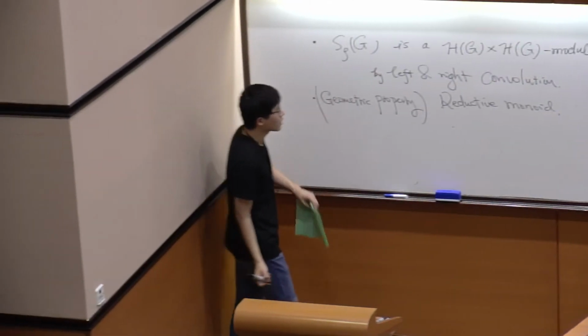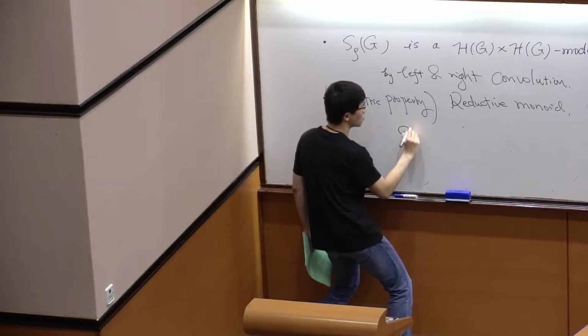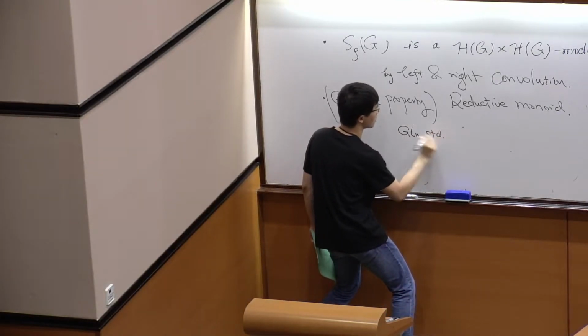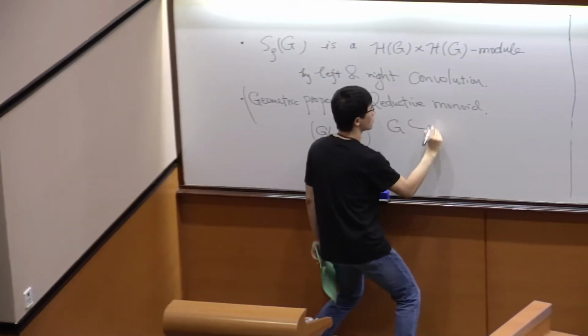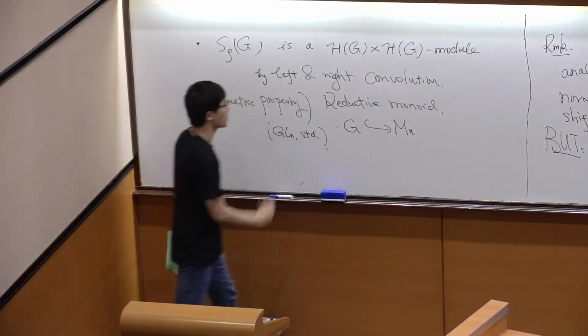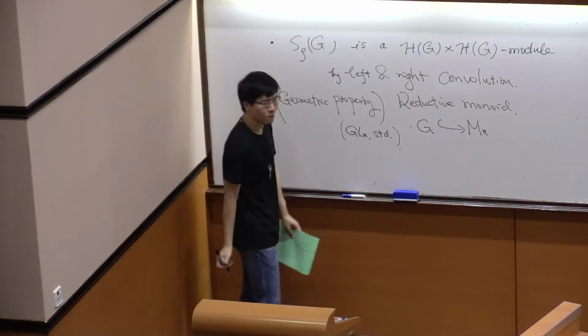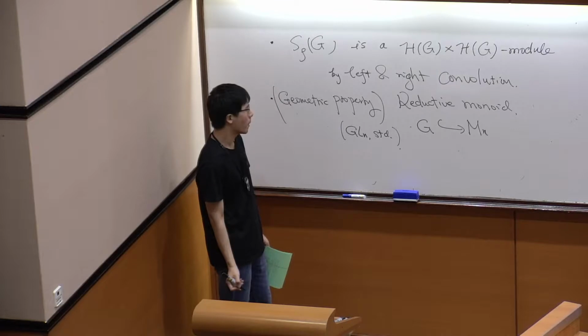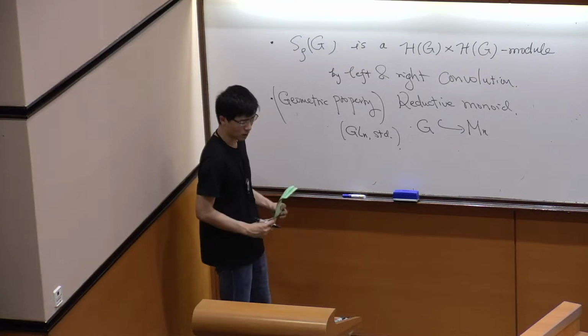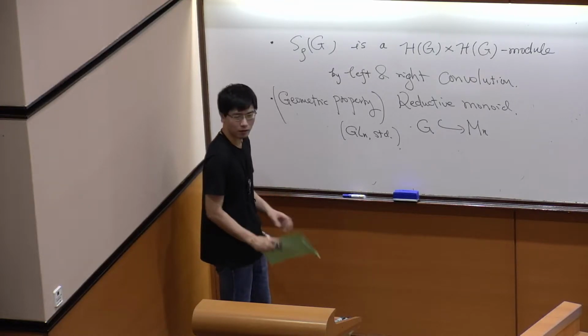As we have already seen in the standard case, when the group G is GLN and rho is the standard representation, then G embeds into Mn. They mentioned the structure of reductive monoid in their 2000 paper in section 5.5, if I remember correctly.